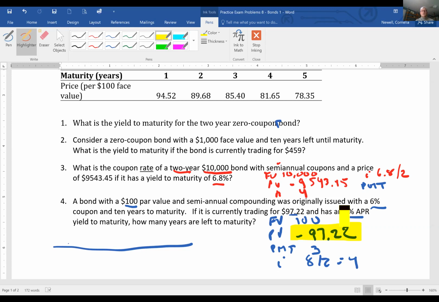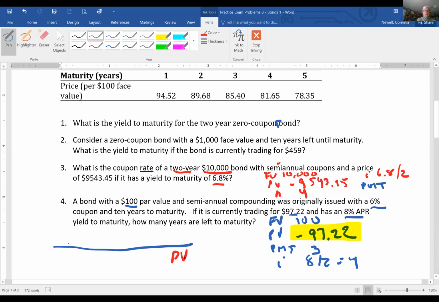If we were thinking about the present value, I'm going to do it as a present value equation, not an annuity equation, so it just doesn't look too ugly.